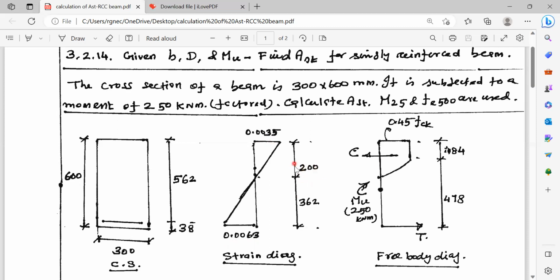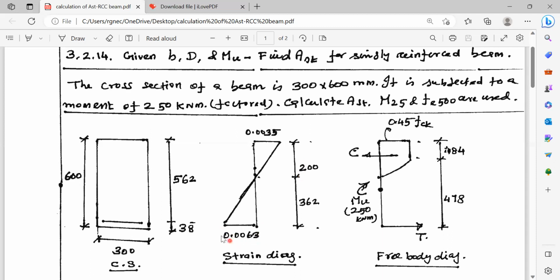It should not happen that we are assuming the neutral axis on the higher side. There is a permissible limit. What is the permissible limit for the neutral axis? If the strain in reinforcement is less than the minimum value, then the neutral axis is assumed on the higher side.